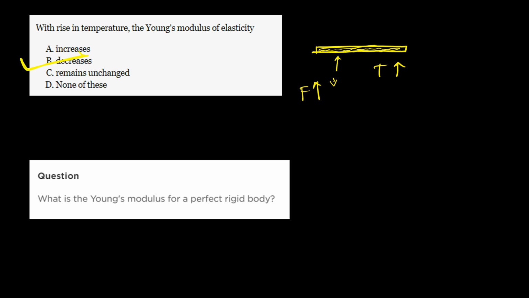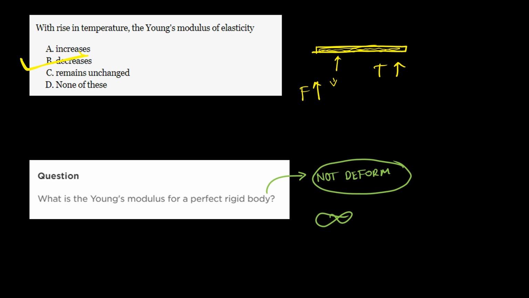The next question is, what is the Young's modulus of a perfect rigid body? I think when I started with rotational motion, I told you what a rigid body is. What is a rigid body? It is a body which will not deform with external force. If it is not deforming, then what should be the Young's modulus? It is infinity.